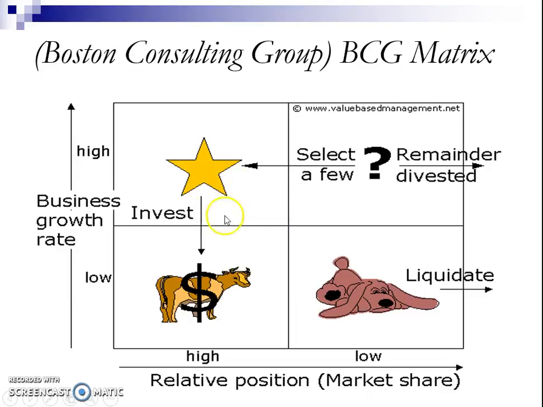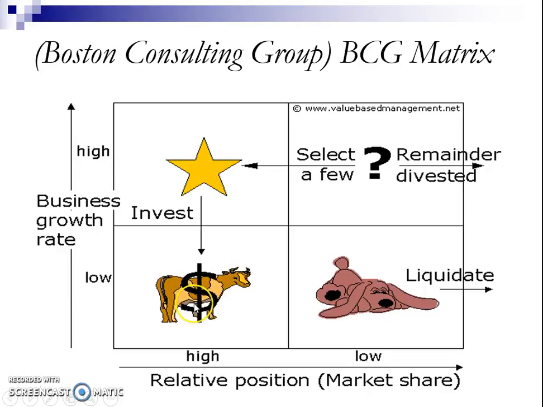It says that the star category, where business growth rate is high and relative market position is also high, is one category which needs a lot of cash because they are still in the growth phase. On the other hand, they also generate a lot of funds for the organization because they have a relatively high market share. So this is one area where a lot of funds are to be invested by the firm. The other category that we talked about is the cash cow.